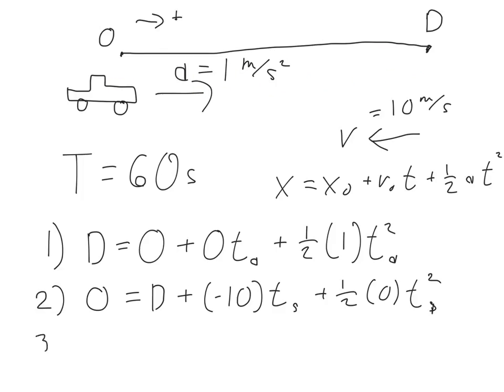So the third equation I can write is that the total time is equal to the time of the accelerating phase plus the time of the constant speed phase. So we have three equations and three different unknowns. We have enough to set this up with some algebra work.